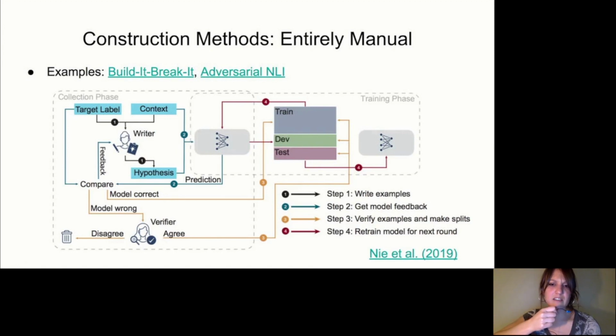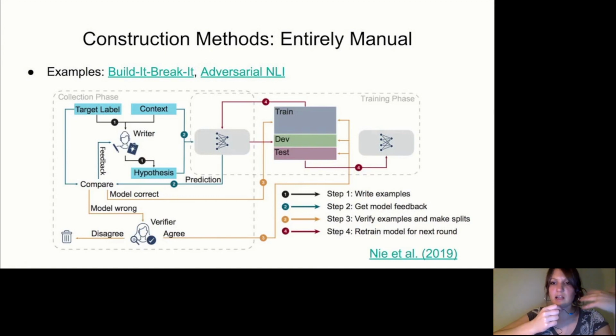So the adversarial NLI approach, the idea here is we'll take some NLI systems, we'll run them, and they'll make predictions. People will then look at those predictions and generate new examples that they think will trick the model. We run their generated examples through the system, verify that they do in fact trick the model, and if so, we add it to the model's training set. Then you have a retrained model that now includes all of the new adversarial examples. You retrain the model, it makes new predictions, and people try to guess new failures.